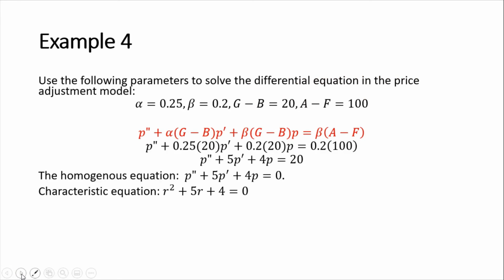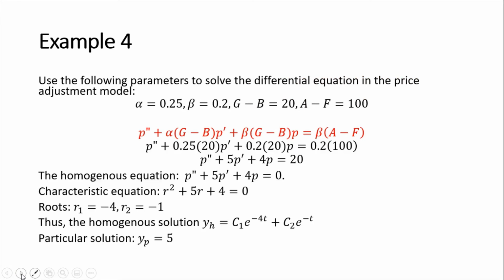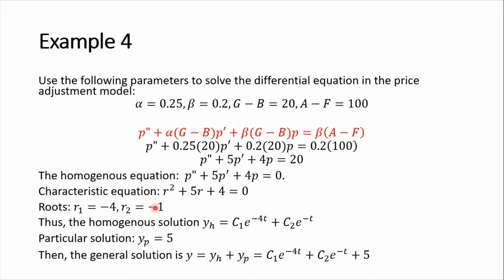Remember the roots are minus 4 and minus 1. So do you think the solution will converge to the steady state value? Yes, because both r1 and r2 are less than 0. Okay, so that's the second video, and see you again in the next video.